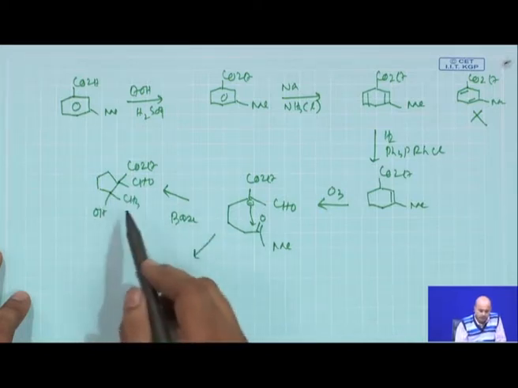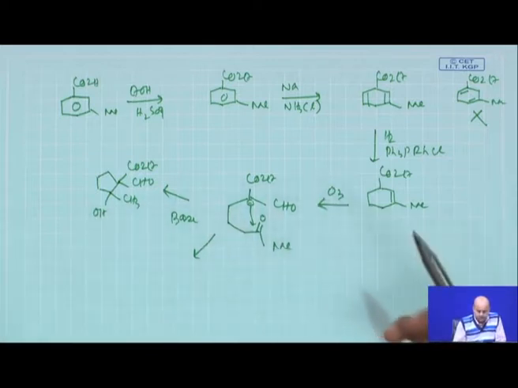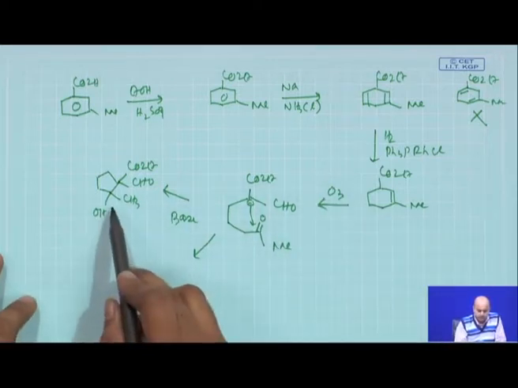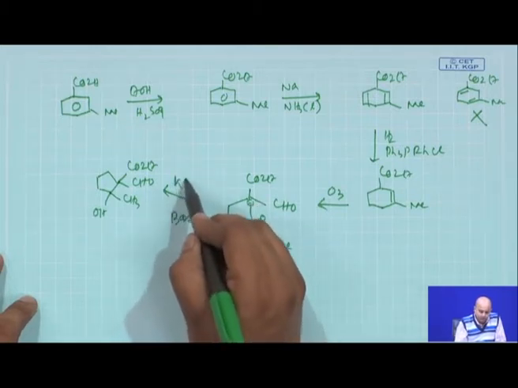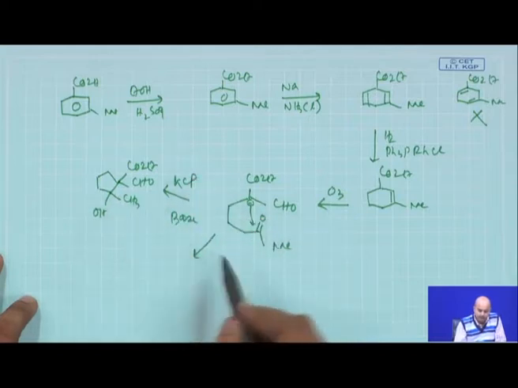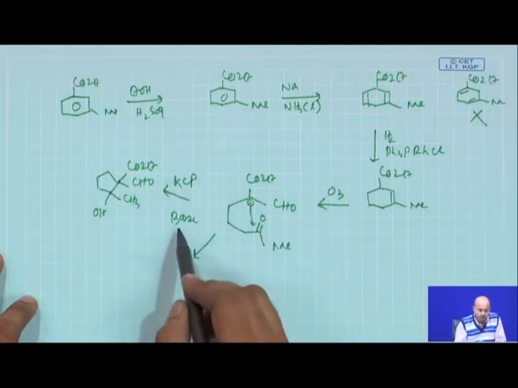This kind of aldol is in principle possible, because this hydrogen is much more kinetically acidic. So, in kinetically controlled condition you might get this aldol, but I say our product is something different.